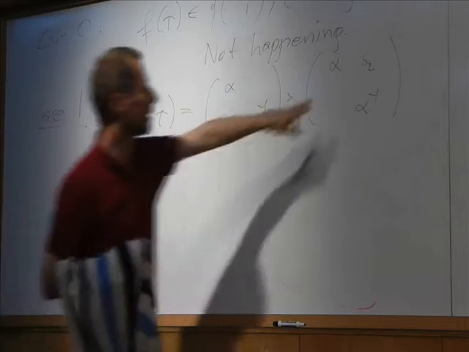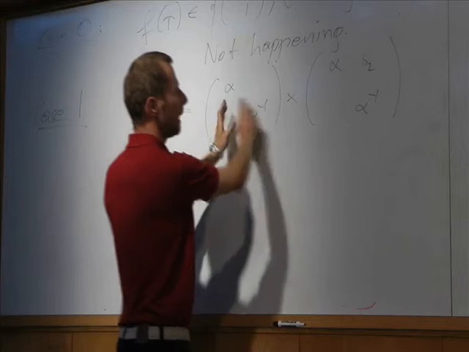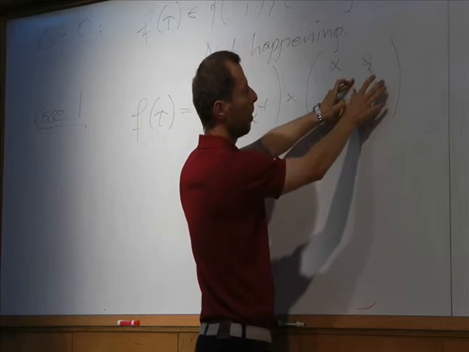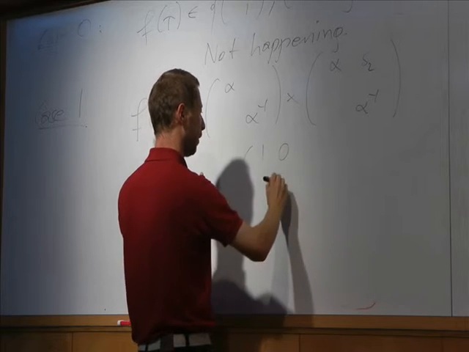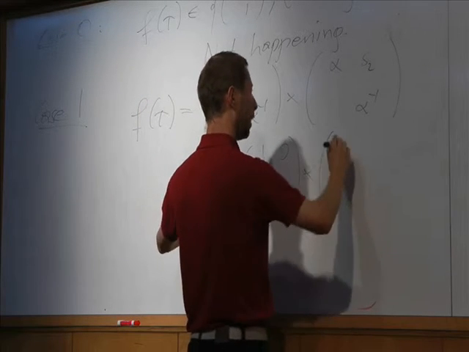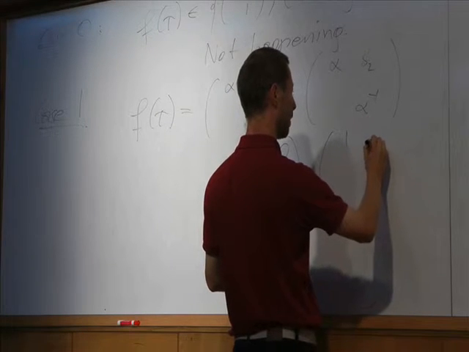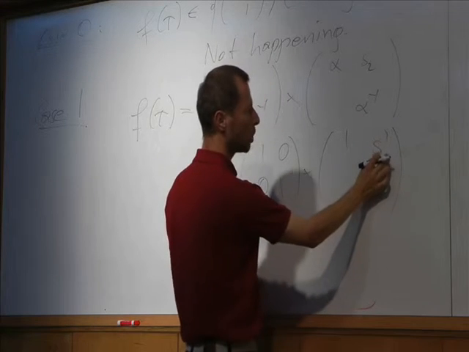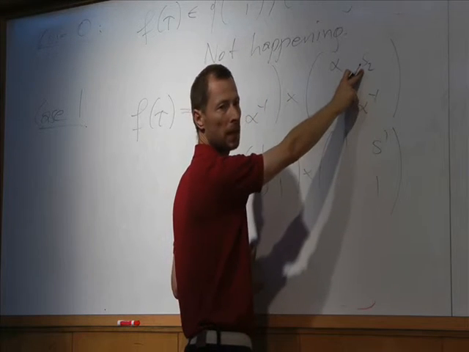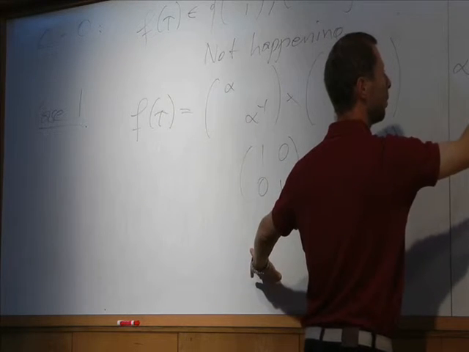If S2 is not 0, we just conjugate the whole picture with the correct thing on the non-diagonal unipotent. And with the correct choice of S prime, we can get rid of this S2, because alpha is not equal to 1 now.